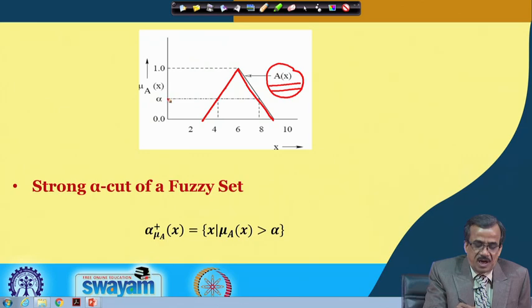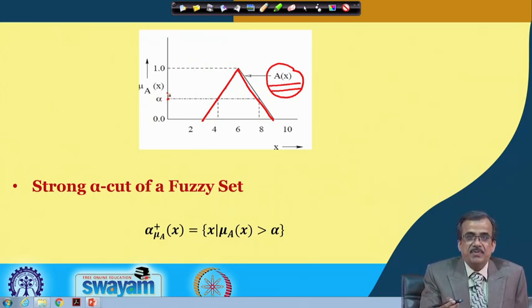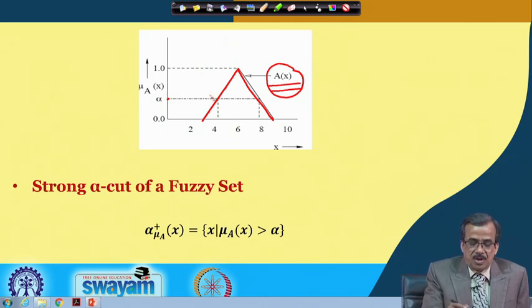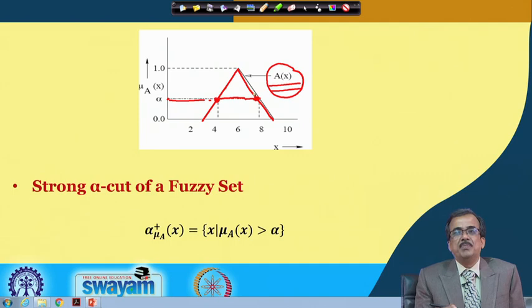So, A(x) is going to represent a fuzzy set and I am going to define its alpha cut. Now, supposing that alpha is here, say 0.4 or 0.45, something like this. Corresponding to this alpha, you draw one line here. So, this is the line and it is going to intersect at this particular point and at this particular point.